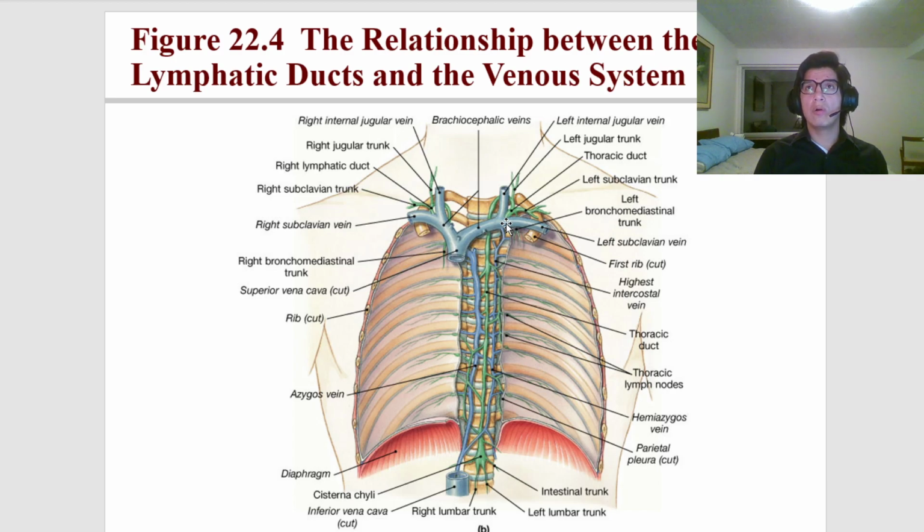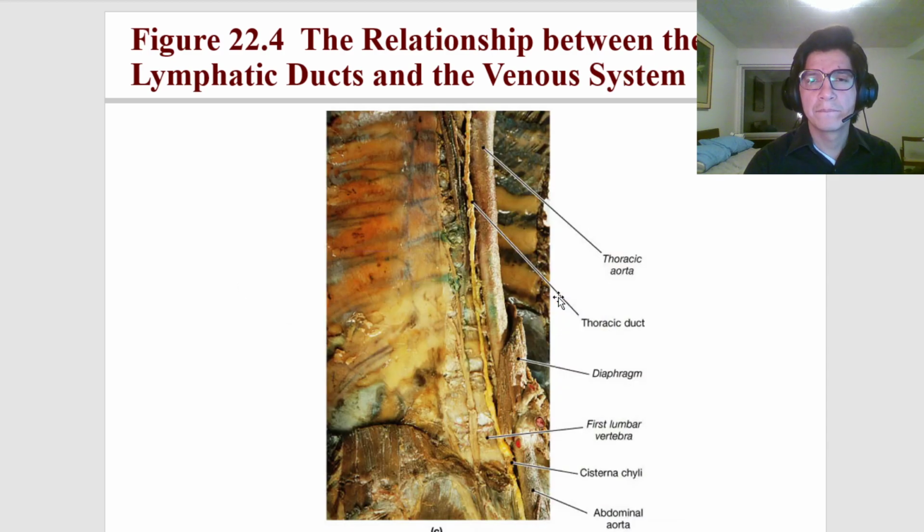So all of that fluid that was collected in the lymph, after it goes through the lymphatic system and all of those lymph nodes with lymphocytes surveying the system, returns to the cardiovascular system at the level of the subclavian vein. You see it happening here, and the right lymphatic duct also does the same. Here's a view of the cisterna chyli and the thoracic duct.